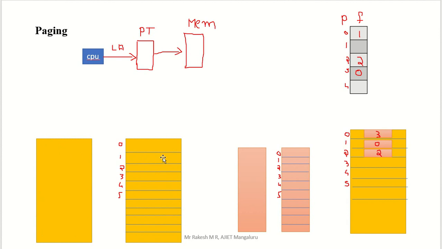Fixed size means this block size and this block size are the same. If this block is 2 KB, this is also 2 KB. But if you consider another memory, you can change it. That means this block is 5 KB, and this block is also 5 KB.